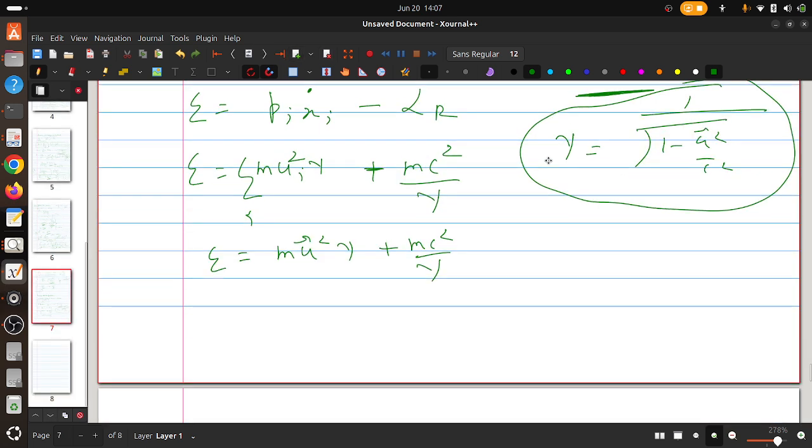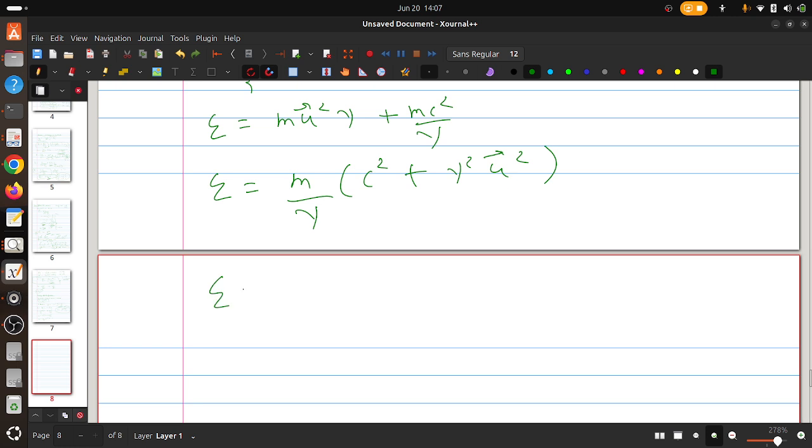So we have this as energy. Now it just remains to be simplified. We can simplify it, take out m, right? And you will get 1 by gamma here, and then you will get c square, plus gamma square u square.